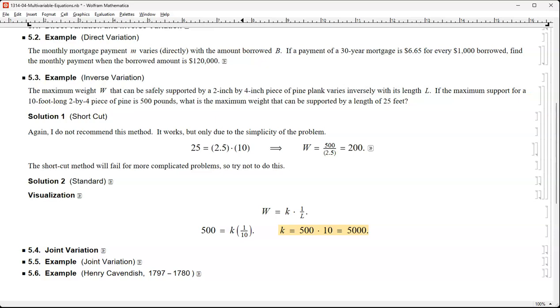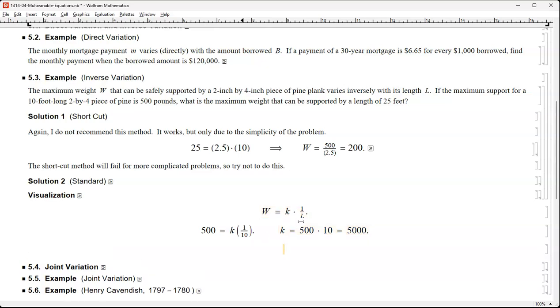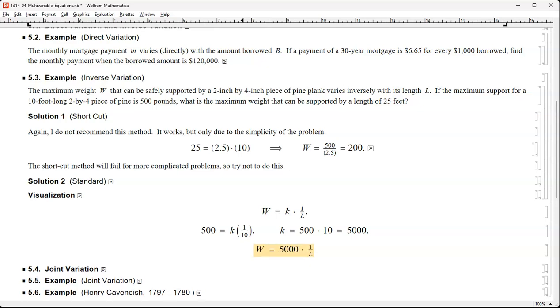Okay, now that we found the K value, put this into the variation equation to complete it. We have a relation between W and L, but we didn't know the proportional constant. We found it, so let's put it in. 5,000 divided by L, or if you prefer, times 1/L.